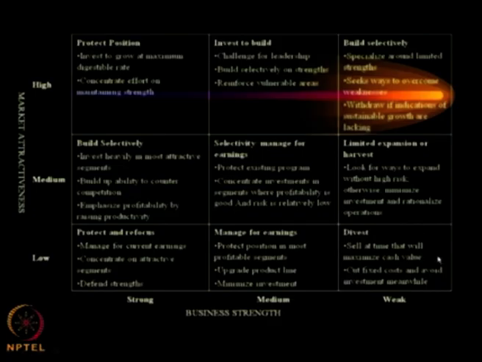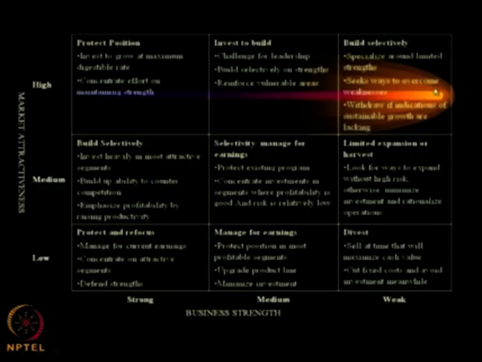Now, compared to this, let us come to the next 3 cells. What should be the strategy? Business strength is strong, market attractiveness is medium. What is the type of strategy that the firm should adopt? With respect to that unit, again build selectively. What do you mean by build selectively here?